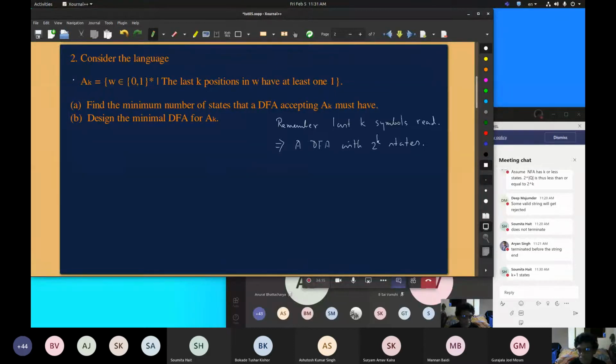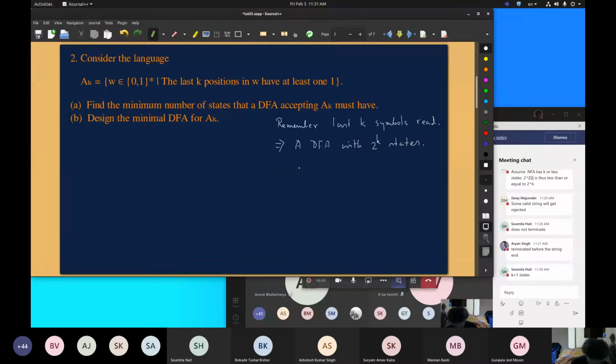One state for accounting that there are no ones in the last k positions, and another for when a 1 appears in the kth position from the last place, and then we can do it for all the k positions. Okay, whatever you told is not exactly clear, but its idea is fine.